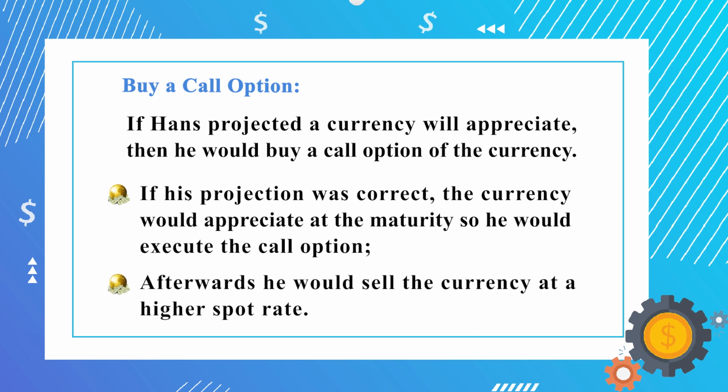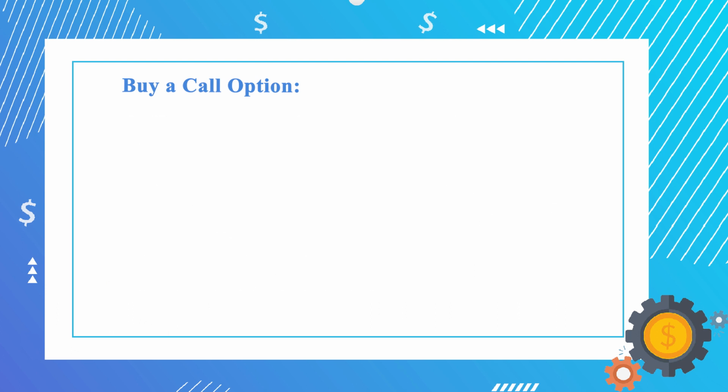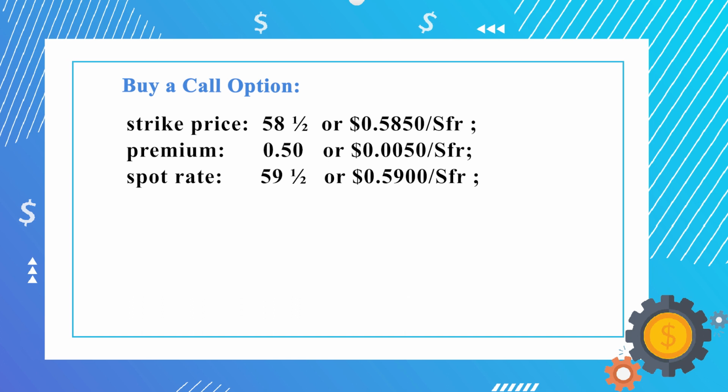Afterwards, he would sell the currency at a higher spot rate. Suppose the information of the call option is given, including strike price and premium. The spot rate given is for the spot rate at the time when the call option is matured.